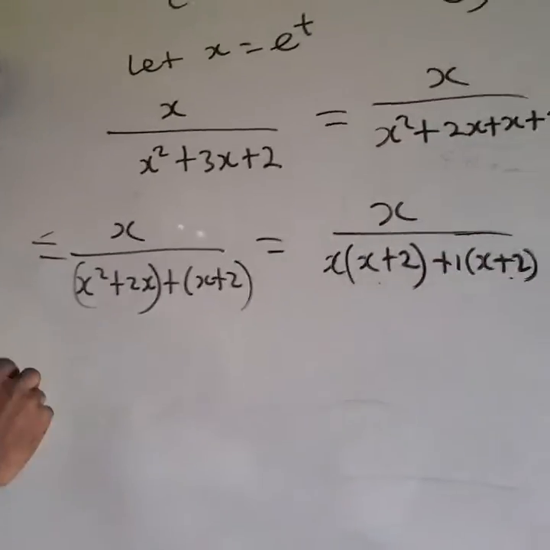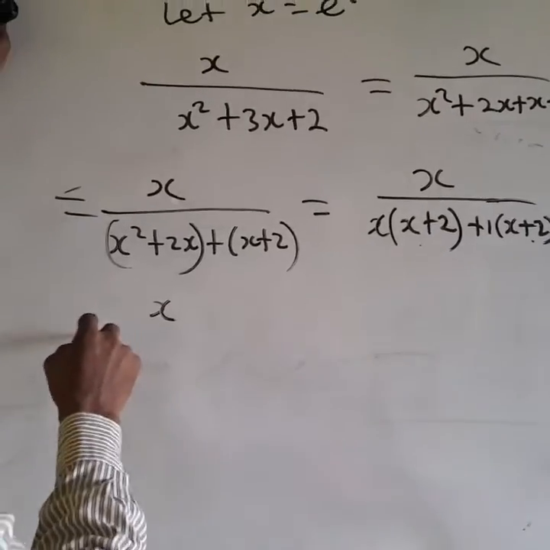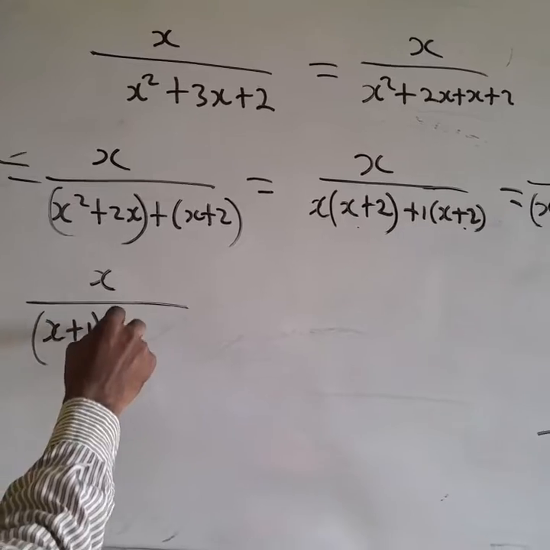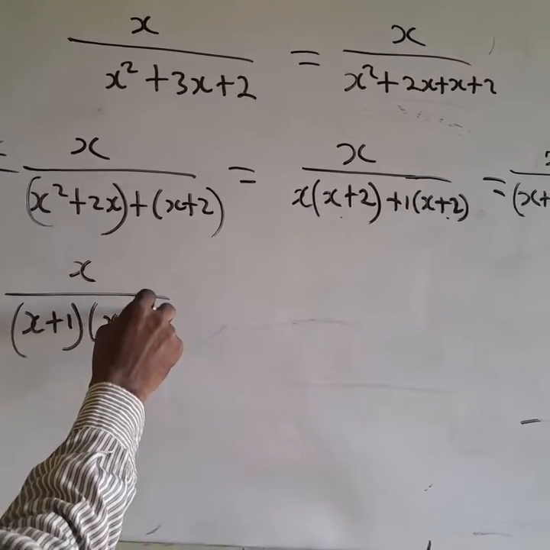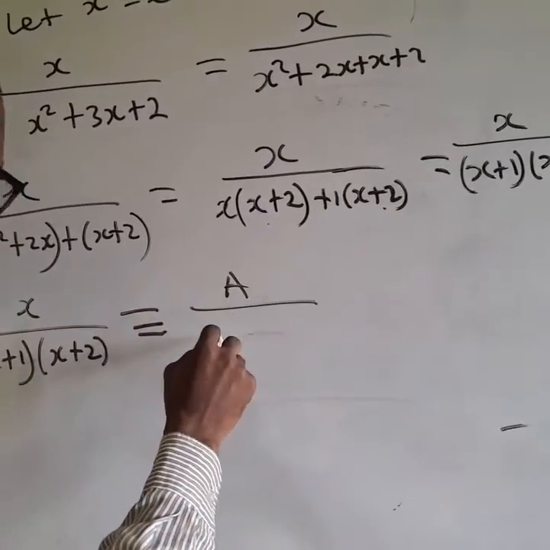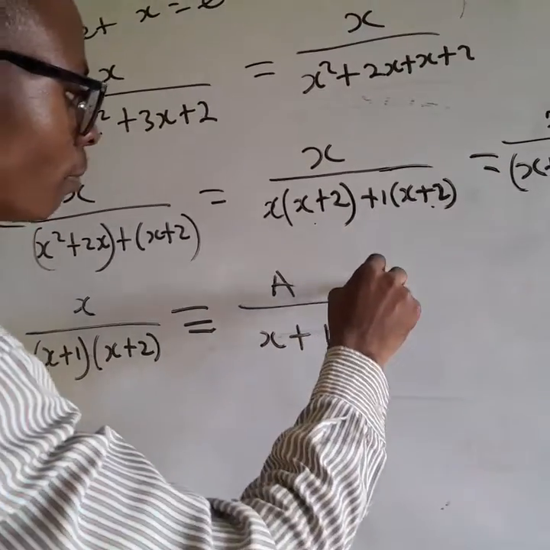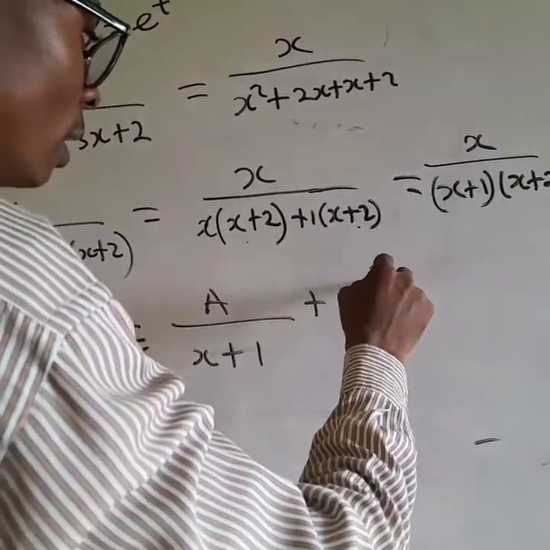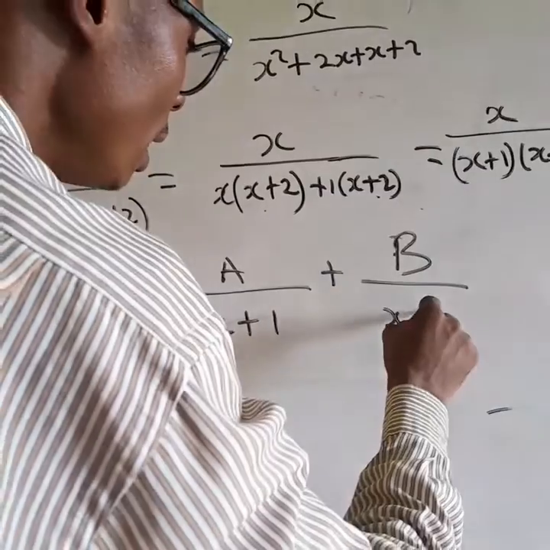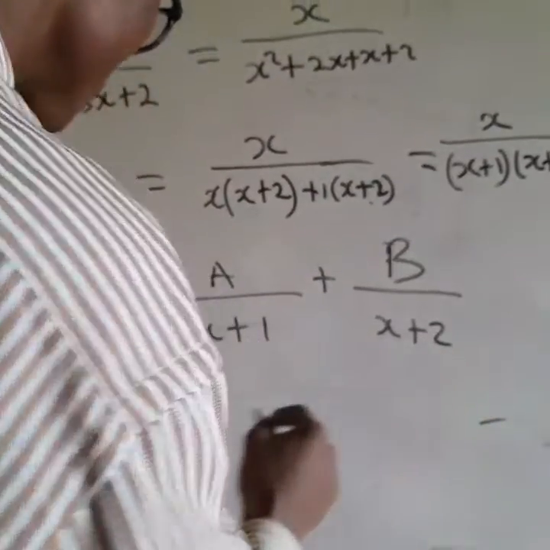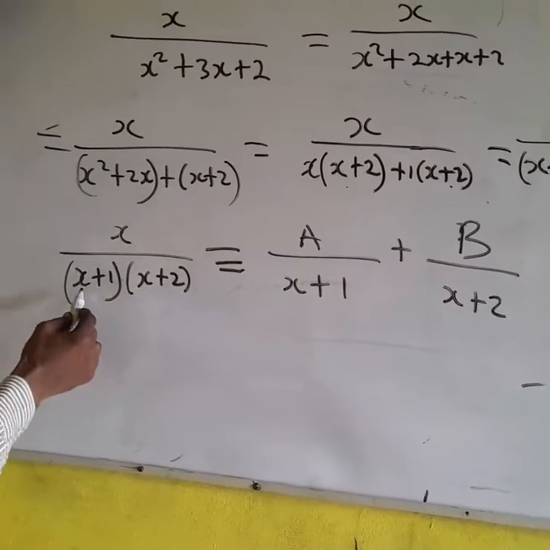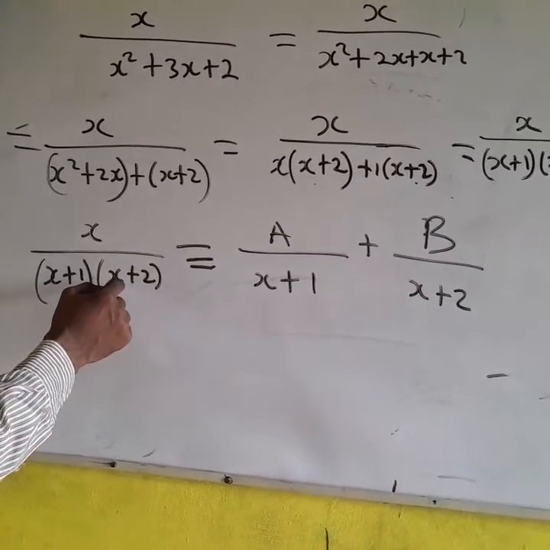So we'll now resolve it into partial fractions. x all divided by x plus 1, x plus 2, equivalent to A all over x plus 1 plus B divided by x plus 2. So we multiply through by the denominator, x plus 1, x plus 2.